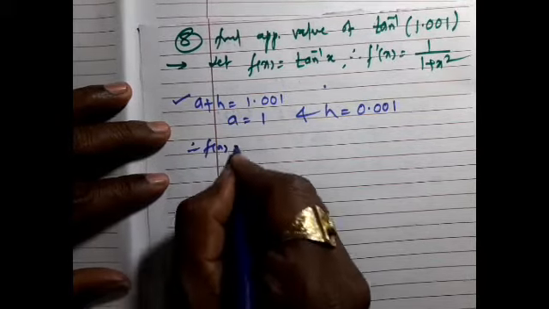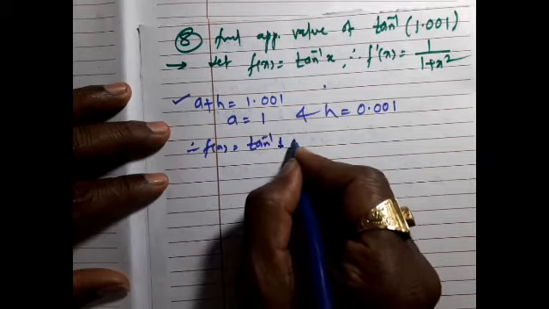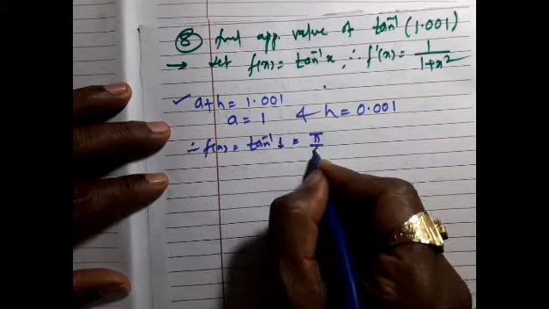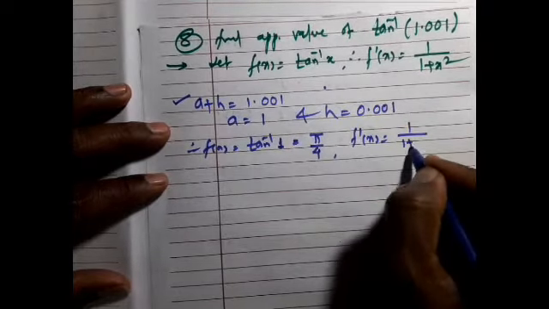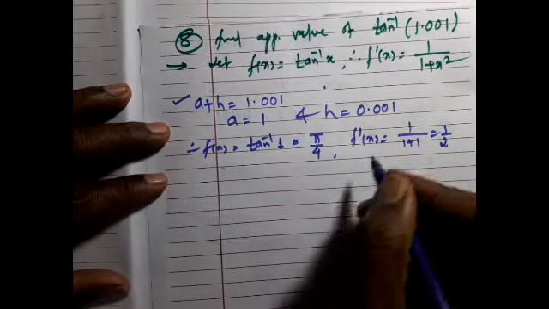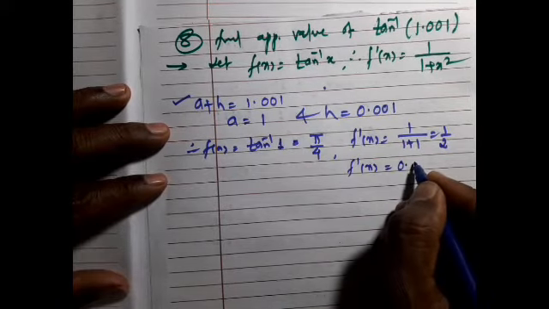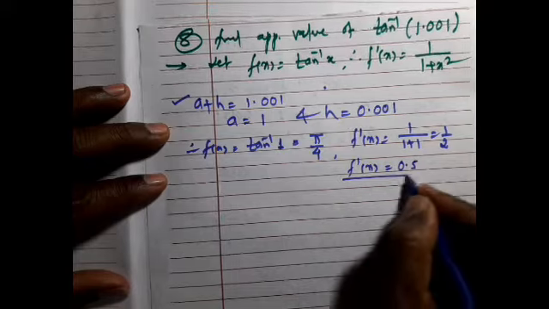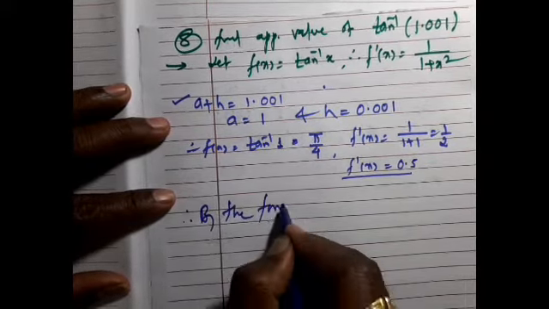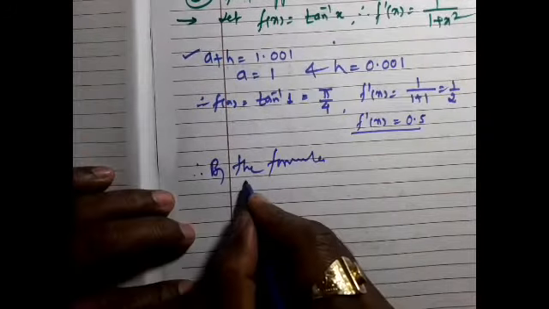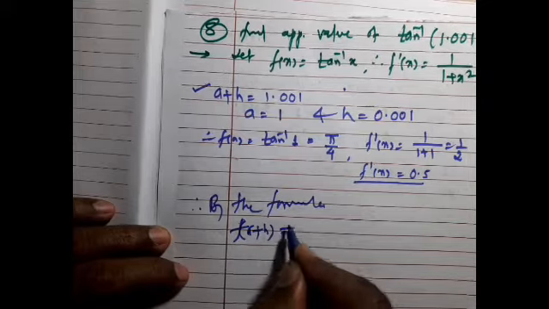Therefore, f of a, that is tan inverse 1, is pi by 4. f dash a is 1 upon 1 plus 1, that is 1 upon 2, so f dash a is 0.5.